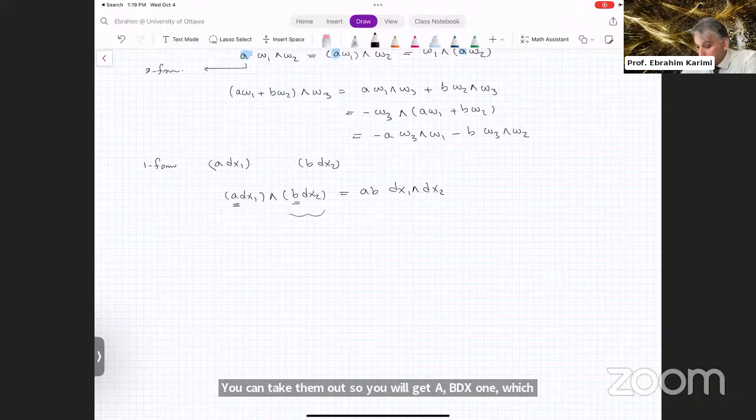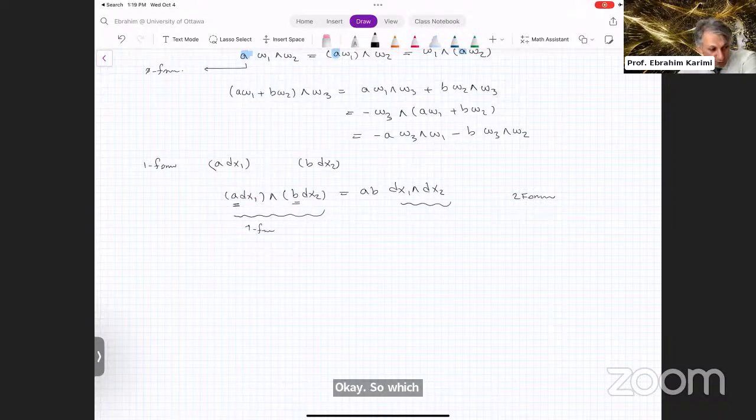So from two 1-forms, you will get a 2-form. Okay, which is very important.